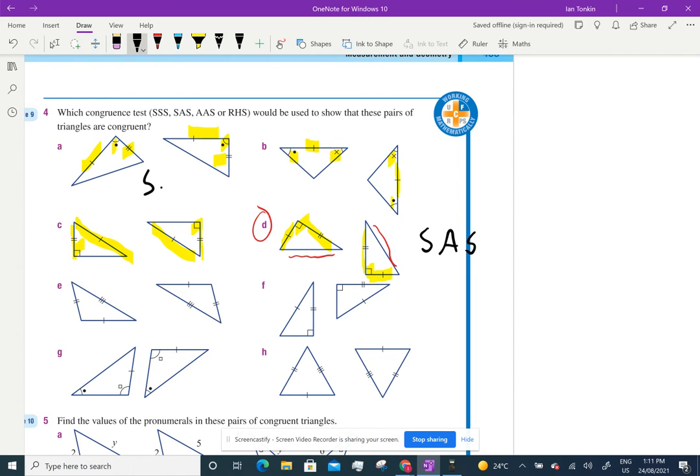So what we have here, SAS, AAS, RHS. Easiest one, side, side, side, SSS. So that's essentially what you're looking for.